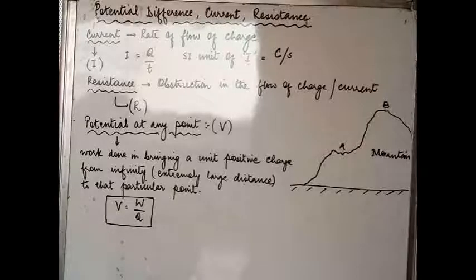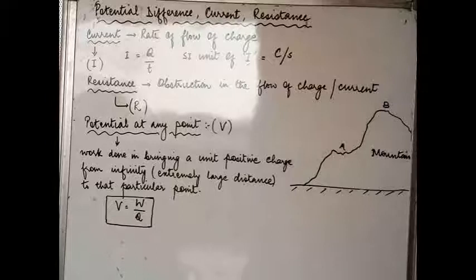An exact opposite case is, imagine yourself driving a bike on a road which does not have any traffic. That road is all vacant, up to you, so you can go fast. Road being vacant or having very less traffic means less obstruction. Less obstruction means less resistance, and therefore you can move fast. So more charge or more current can flow if the resistance is small, and less current will flow if the resistance is large. I am talking in terms of the conductors.